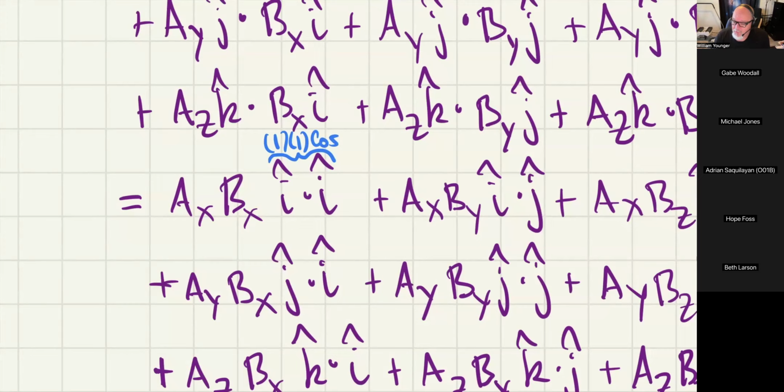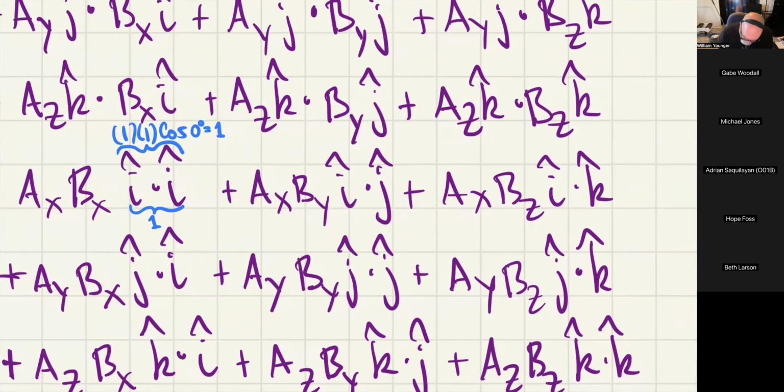So what's the angle between them? I'm expecting Beth to answer, but somebody else might do it. Good job. Beth did answer it that way. So yes, it's the cosine of 0 degrees. And of course, 1 times the cosine of 0 is 1. So i hat dot i hat is equal to 1.